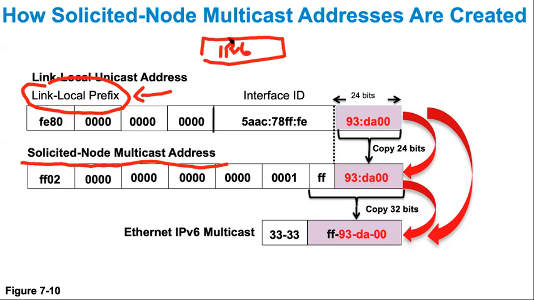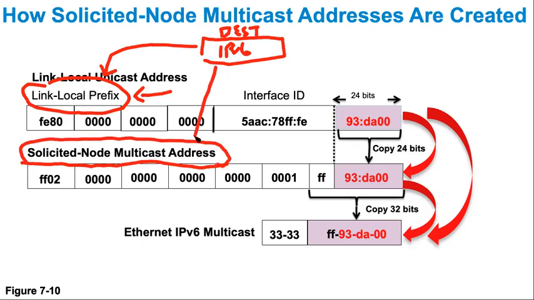I'll put destination at the top here. So any packet with a destination IPv6 address, it says, you know what, it's for me, I'll accept it. Also, if any packets have this solicited node multicast address as the destination, I'll accept it. But I don't have to wait for my IP process to determine whether or not I accept it.